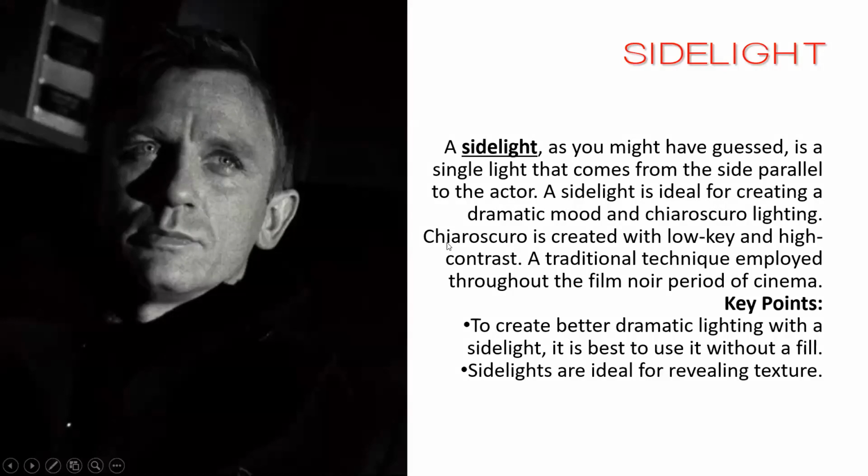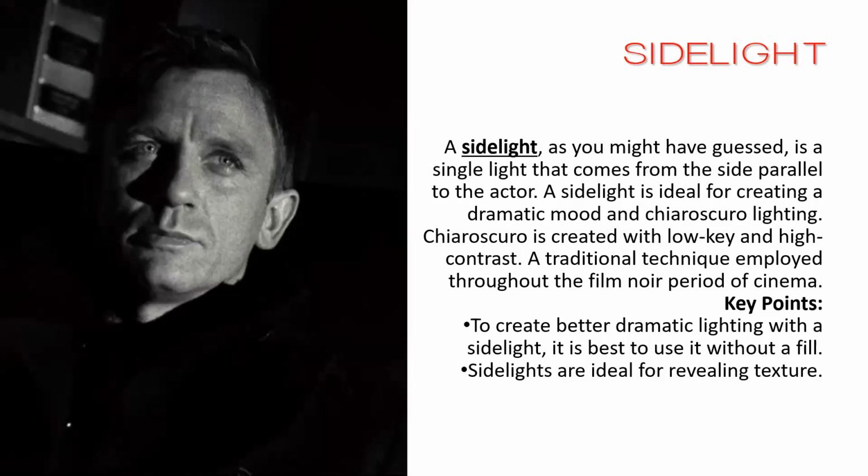But there are other light designs. For example, you can use something called the side light. And this is a single light that comes from the side, parallel to the actor. In this scene, you can see that it's a very strong light. It's illuminating one side of the subject. And it creates a very dramatic mood.